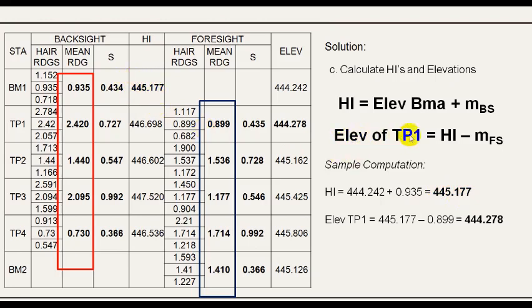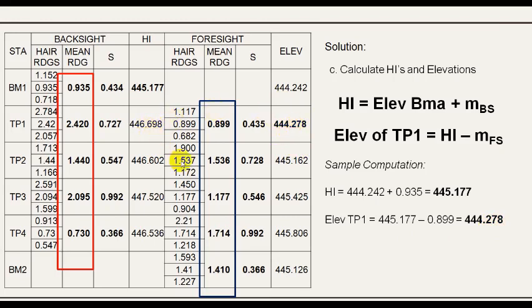Next is the elevation of turning point 1 by HI, the height of instrument. The computed height of instrument is 445.117 minus the mean reading of our foresight. The foresight mean reading at turning point 1 is 0.899, which equals 444.29278.